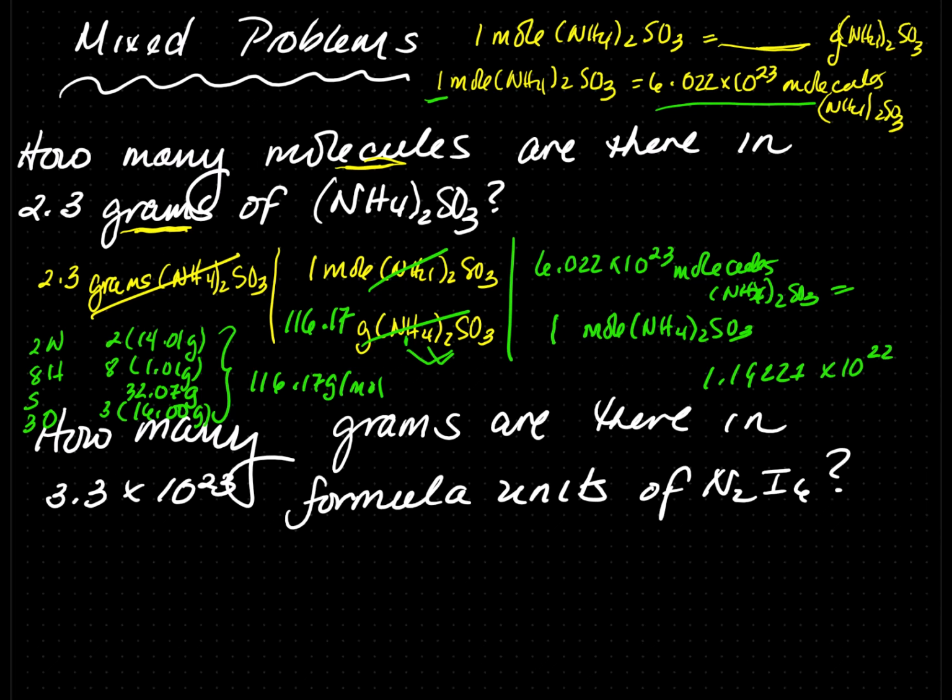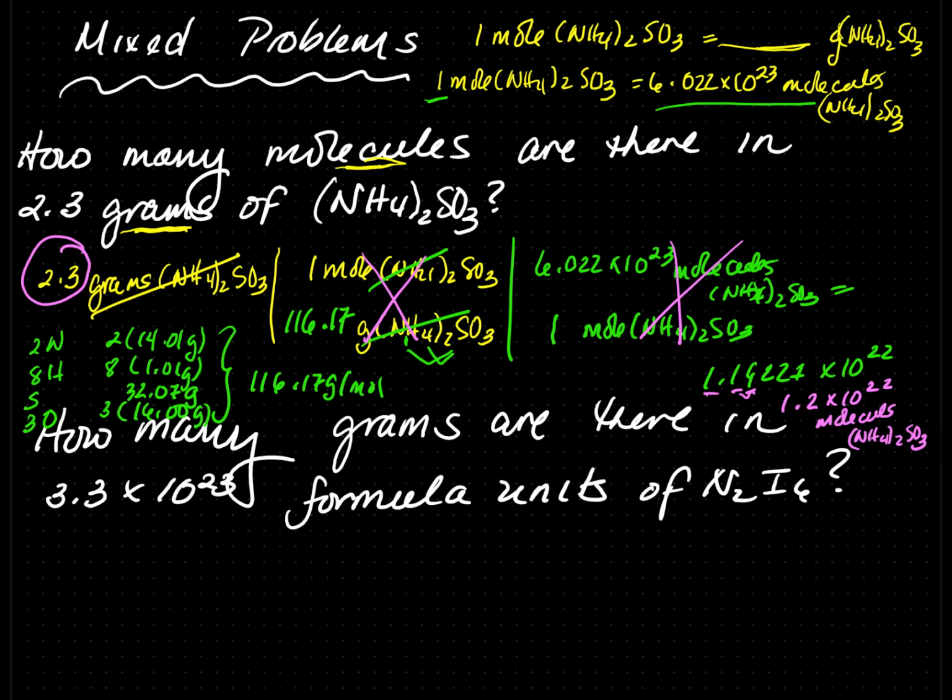Now we need to do sig figs. Conversion factors don't count. So there's 2 at the beginning, so it's 1, 2. I look 1 to the right. The 1 goes up to a 2, so 2 times 10 to the 22nd molecules of ammonium sulfite.